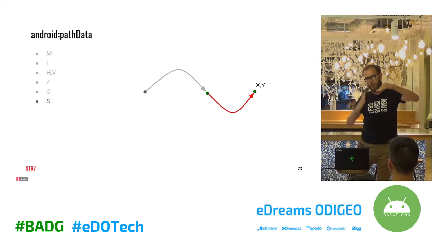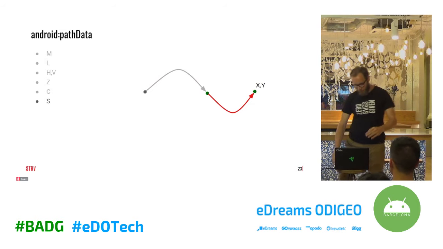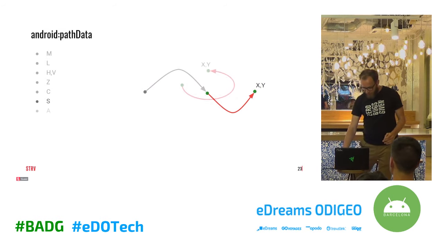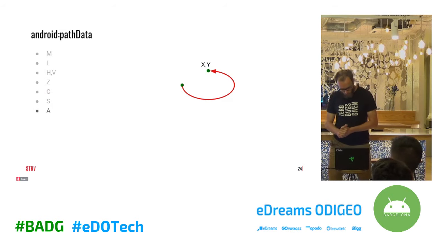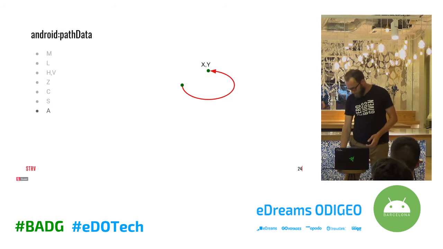It's always smooth so that it looks really nice. And then last but not least is an arc, which is basically a part of an ellipse going from one point to another, defined by a couple of variables. Great, so let's go through them one by one in detail.